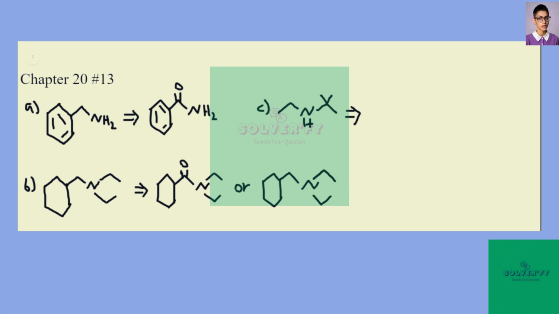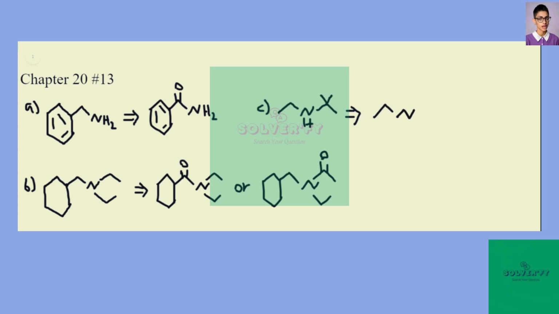So we have these two ethyl groups. We could put the carbonyl here as well. So either of these amides, when treated with lithium aluminum hydride, would give us the amine that we're given for B.